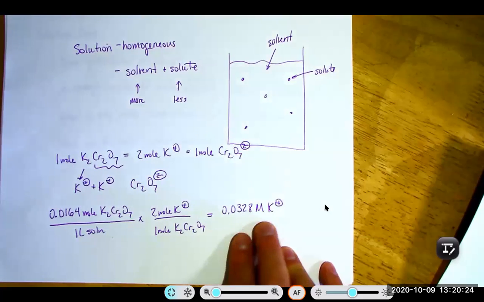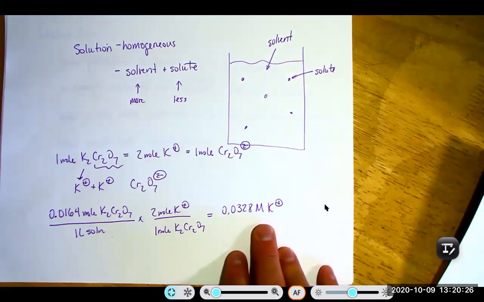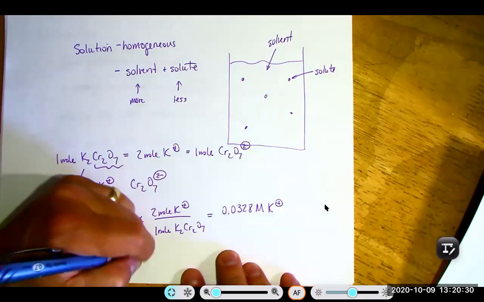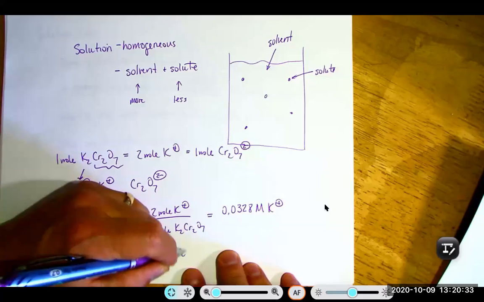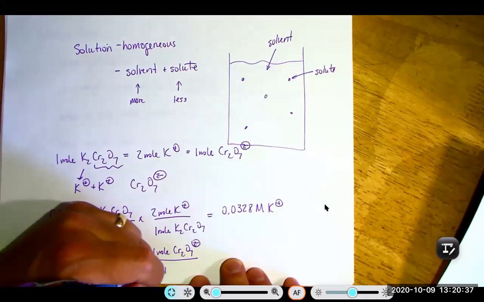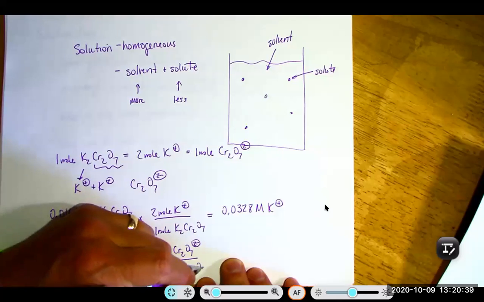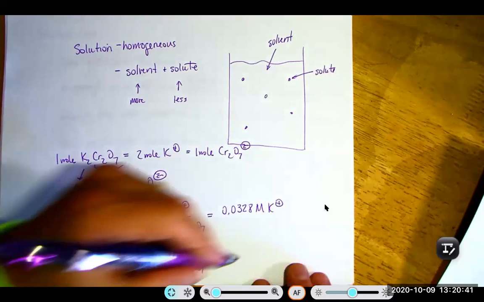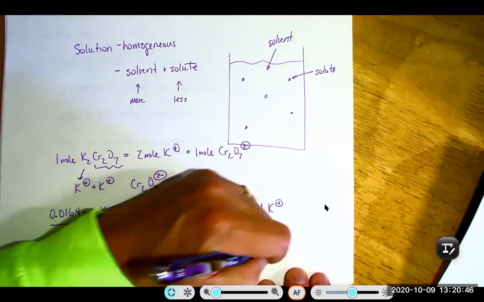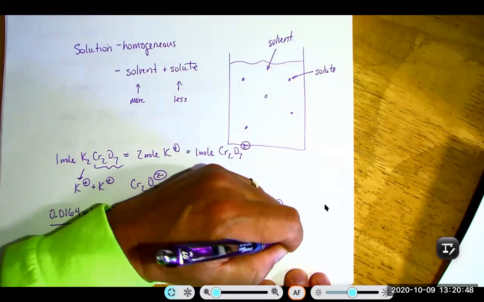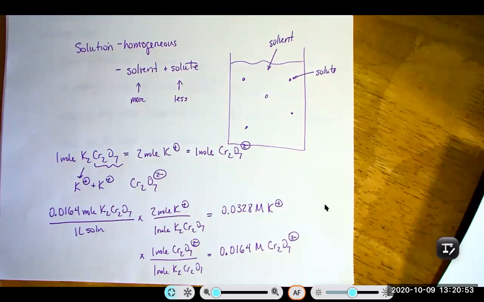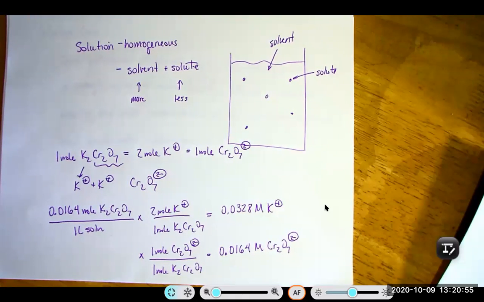So that's the molarity of the potassium solution. If we wanted to do the dichromate, it would be the same work, and we get 0.164 molar dichromate. So any questions about that one? We good?